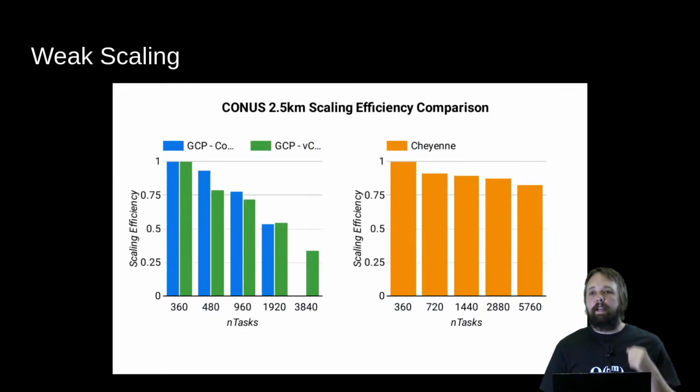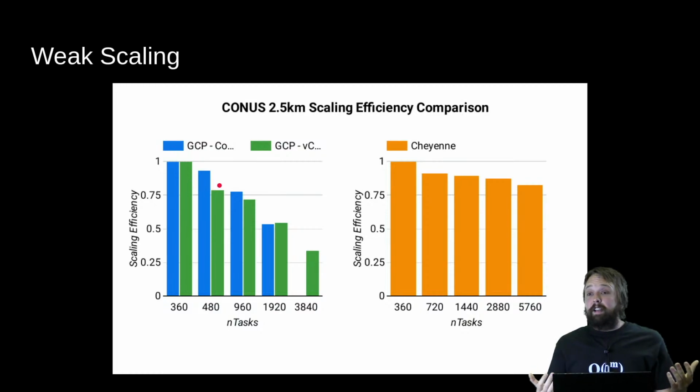So let's take a look at scaling efficiency here. Remember, scaling efficiency is the idea that if I double the number of MPI ranks, or I double the amount of resources I'm throwing at a problem, I should get a factor of 2 increase in performance. And everything less than that difference is what I'm calculating as the scaling efficiency.